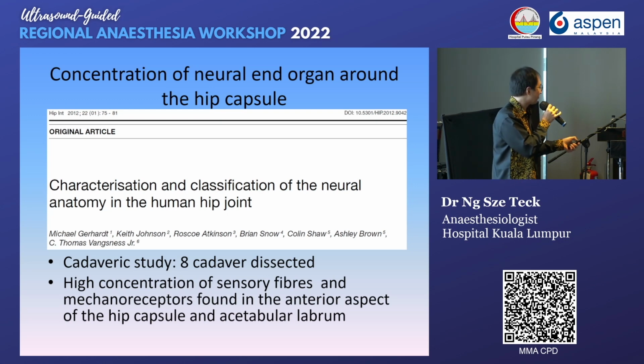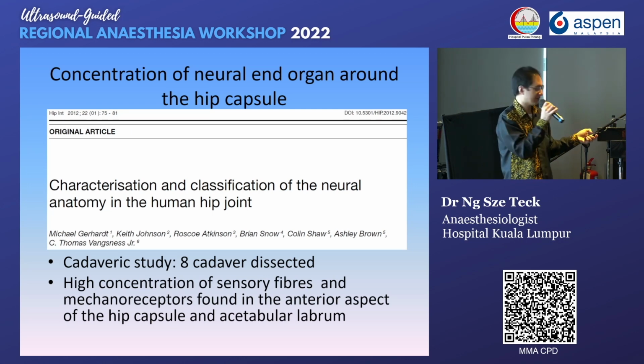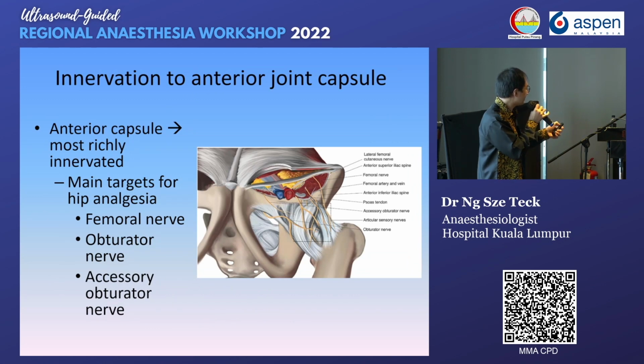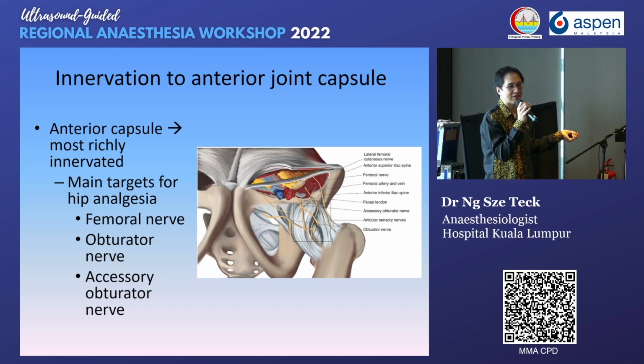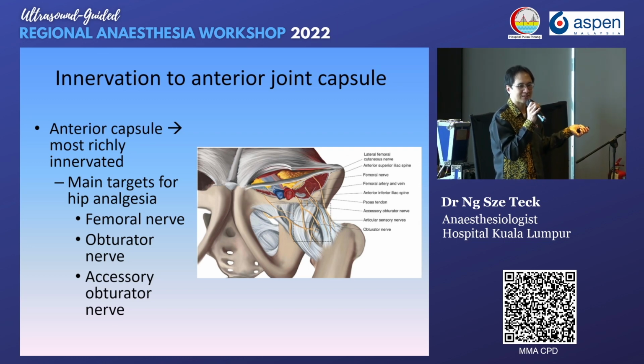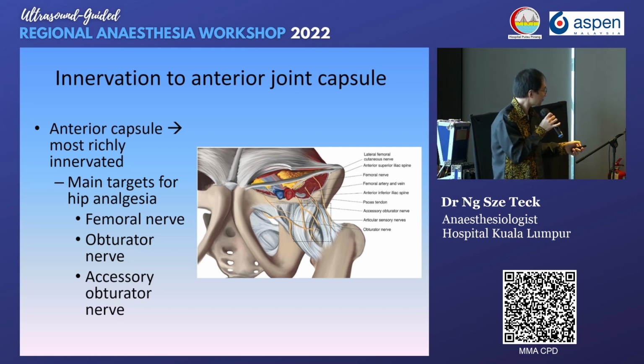The majority of the pain fibers and mechanoreceptors are concentrated at the anterior part of the joint, and there the main nerves you need to block are the femoral nerve and obturator nerve. In certain populations, the accessory obturator nerve is not found in the majority of the population, but some people have this accessory obturator nerve. But these three nerves are the nerves that you need to block.